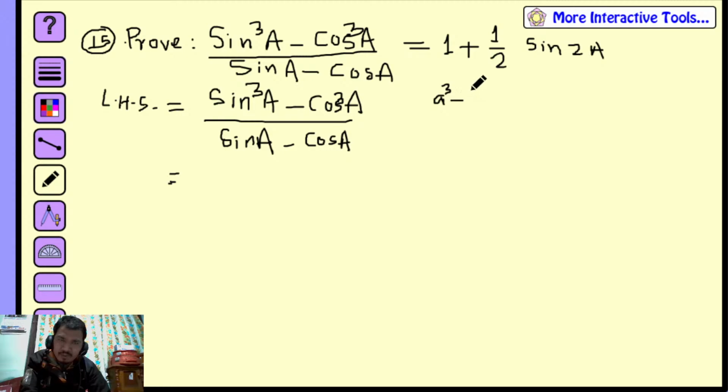Then we have to open this algebraic formula, that is, first we have to write a minus b, and then here a square, in place of a there is sine, and here will be plus ab, plus b square, okay.